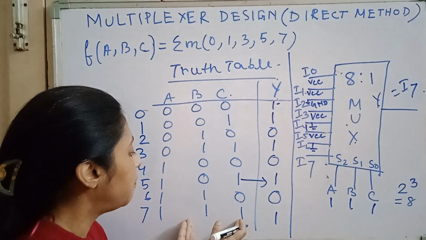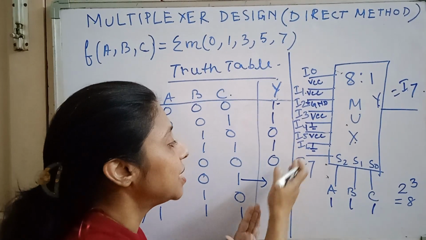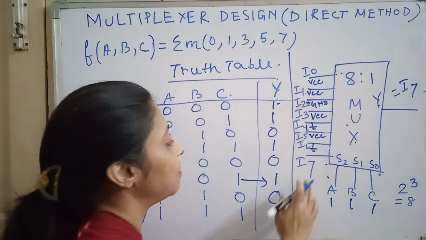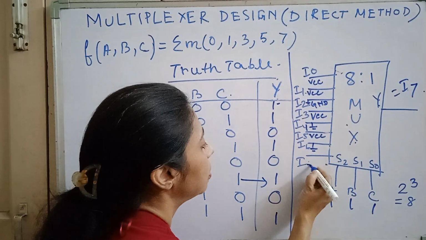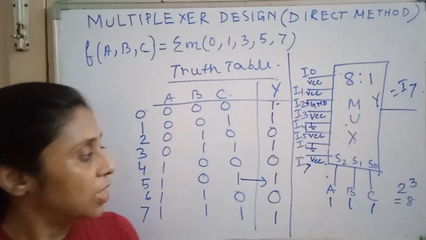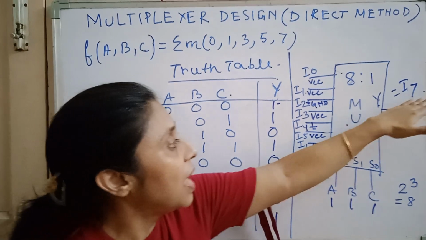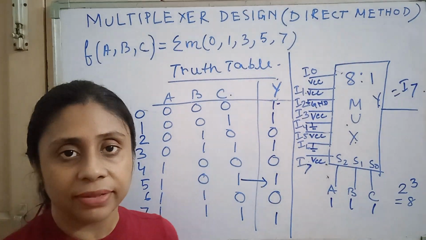See, for the 111 input combination, Y is 1. So what is the connection to I7? I7 should be connected to VCC or logic 1, so that when ABC are 111, then the output is 1.